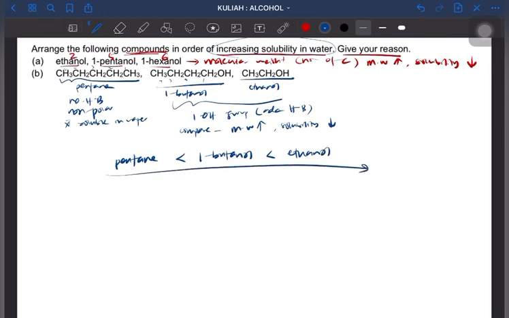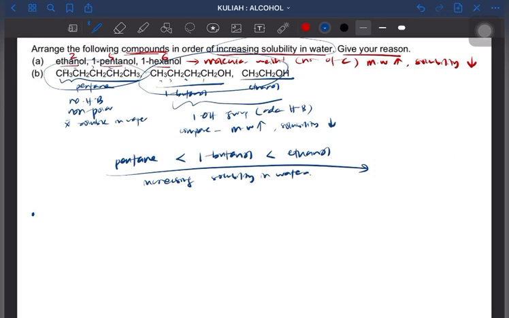Okay, so increasing solubility in water. Okay, so bila kita nak explain, kita boleh explain dulu between alkane ni dengan alkohol ni, between pentane dan juga 1 butanol dan juga ethanol. So apa perbezaan yang kita ada? So kita ada between yang ada hydrogen bonding ataupun non-polar dengan yang ada, between yang tak ada dengan yang ada.